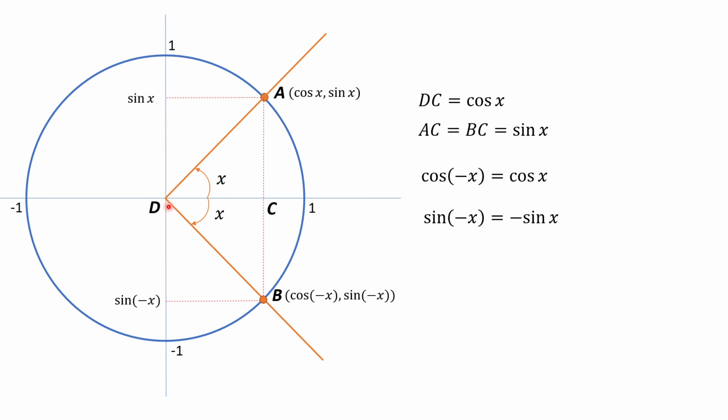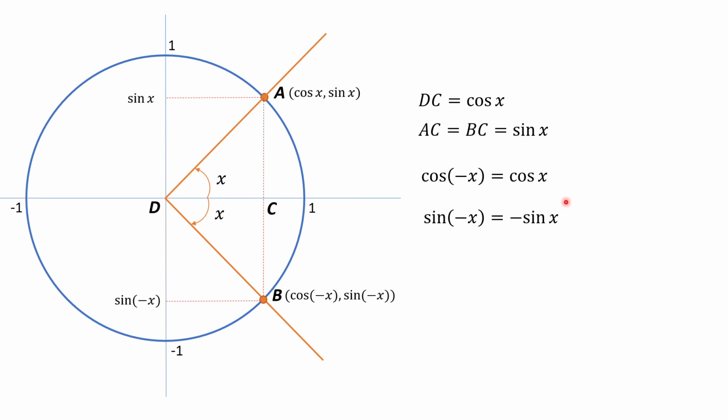So what we see here is that cosine doesn't really care whether x is positive or negative. Cosine of x, cosine of minus x, doesn't matter. Such functions that don't care whether you put x or minus x, that give you the same answer, are called even functions.